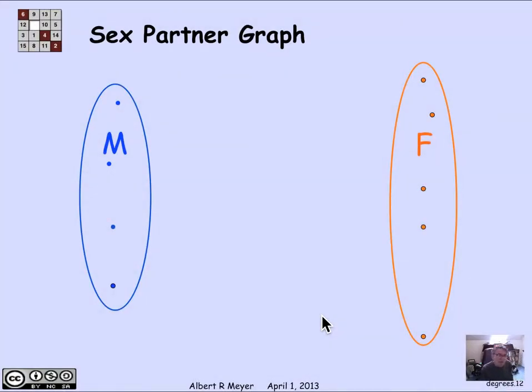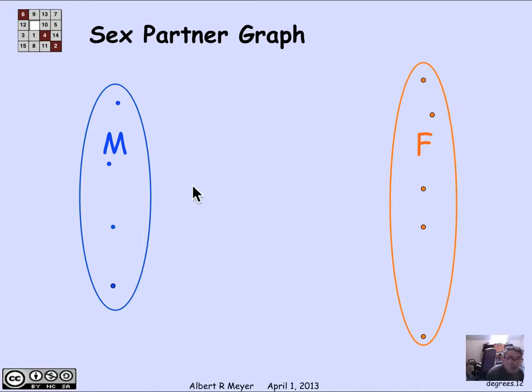We're going to model the relationships between men and women by having a graph that comes in 2 parts. It's going to be called a so-called bipartite graph. So there's going to be one set of vertices called M, and another set of vertices called F, M for men and F for women or females.